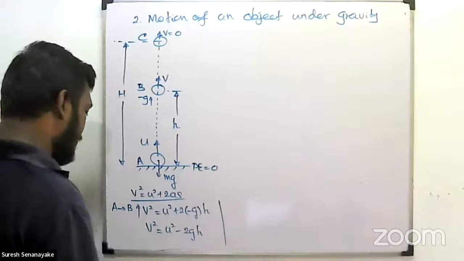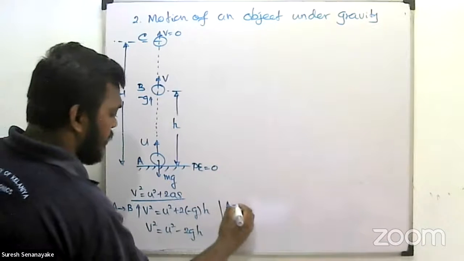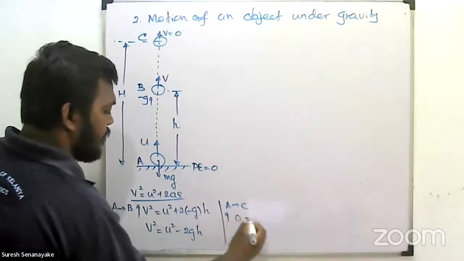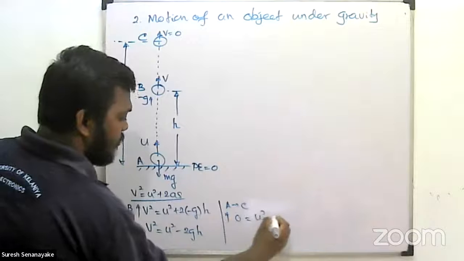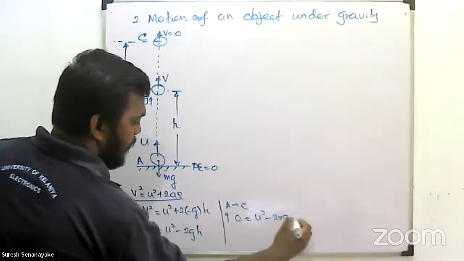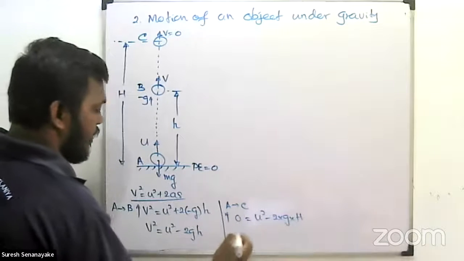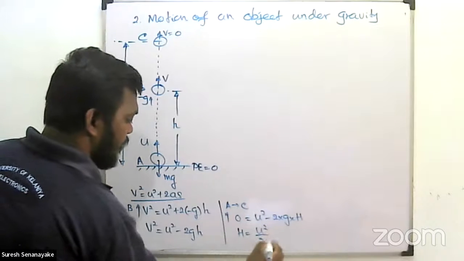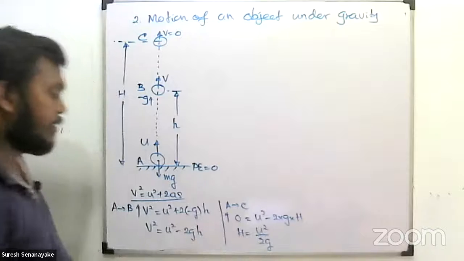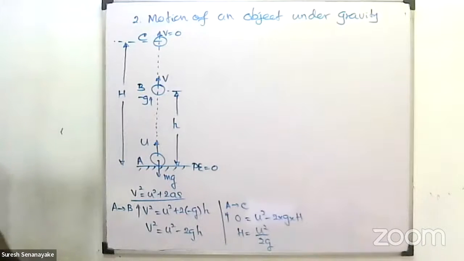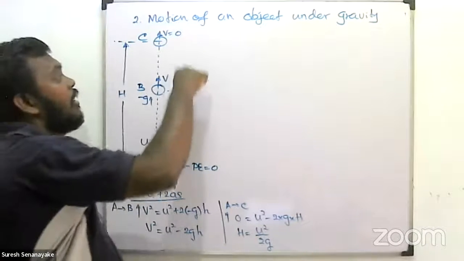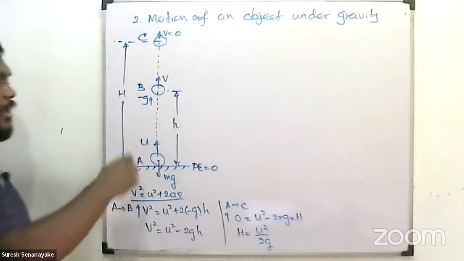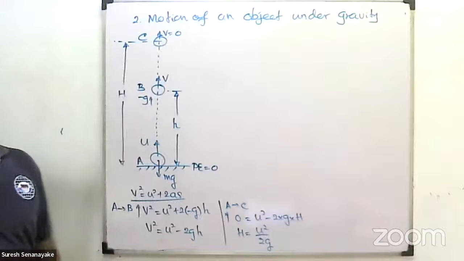The same thing I can do for A to C: at the top the final velocity is 0, so 0 equals u square minus 2gH. So capital H and u have the relation H equals u square over 2g. We already know that. Now I will write the kinetic and potential energies at these different places.